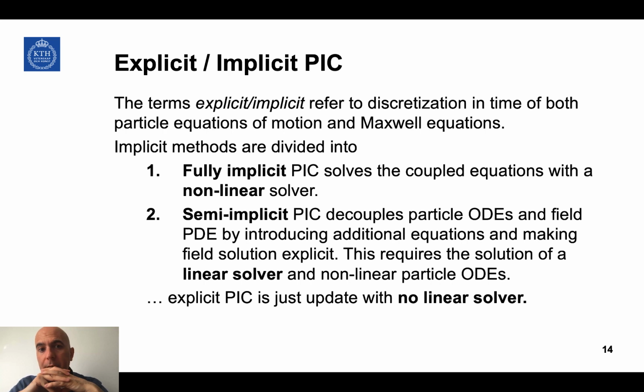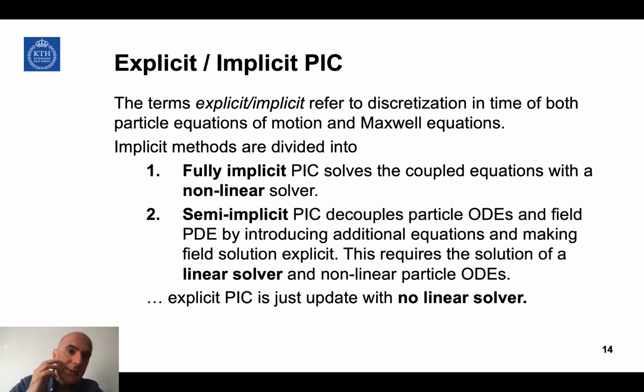In explicit PIC methods, we use explicit discretization in time. So this is very simple. It's just a simple update. But we might want to use implicit methods that use implicit discretization in time. Implicit PIC methods are much more powerful because they are unconditionally stable.